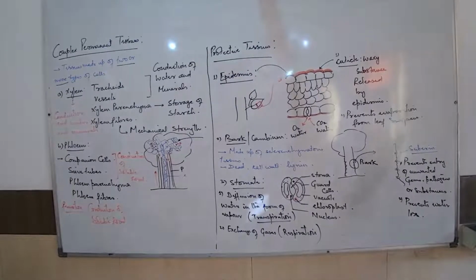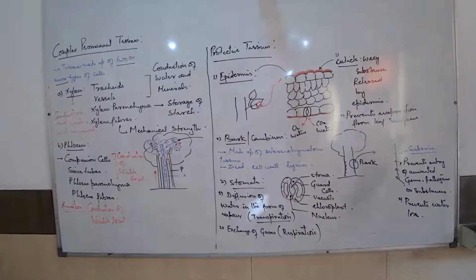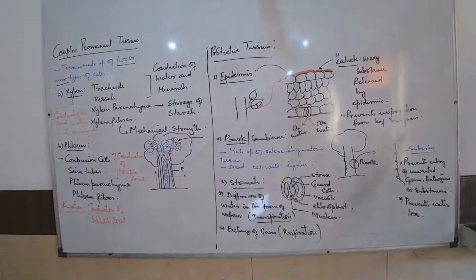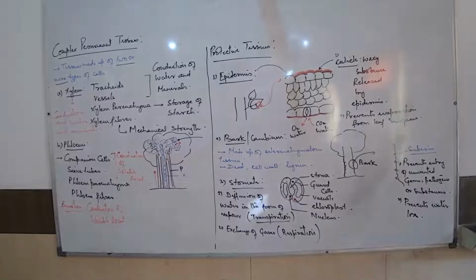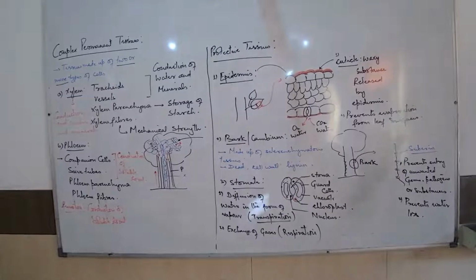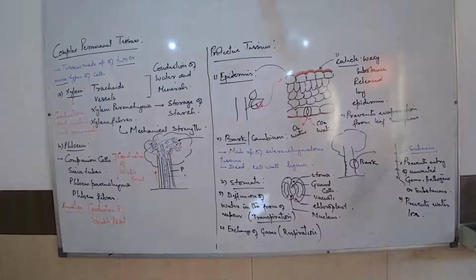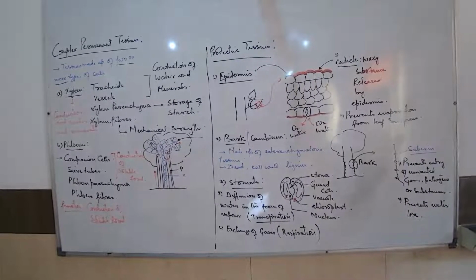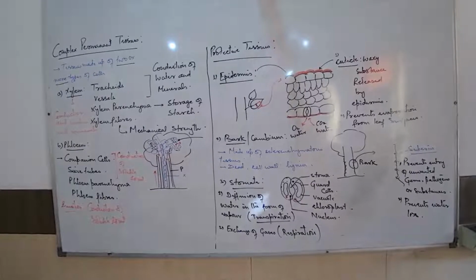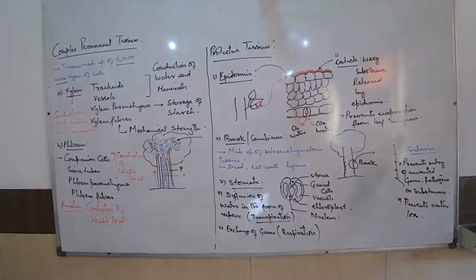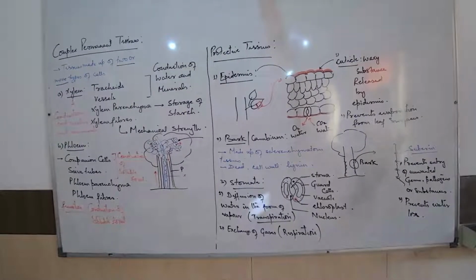Stomata has guard cells which are rich in chloroplast. Comma. Hence, they carry out photosynthesis. Full stop. Also, next line.